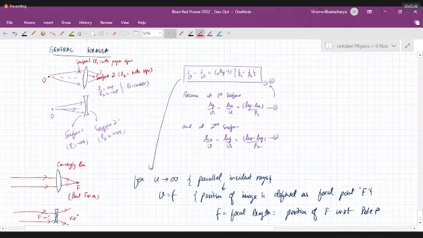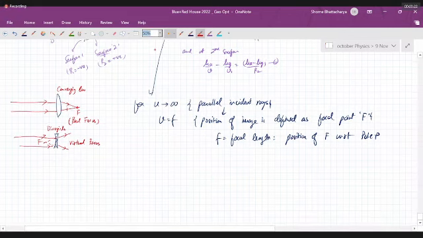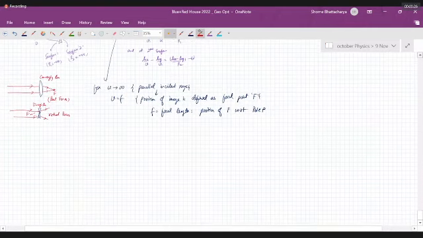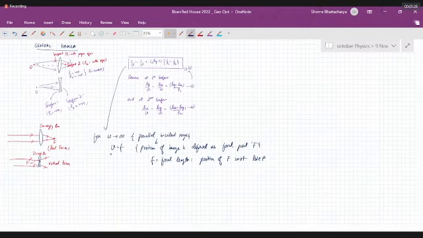So virtual focus for a diverging lens. So anyway, so when we substitute this in the above formula, we get what is called the lens maker's formula. So substitute this in above formula.